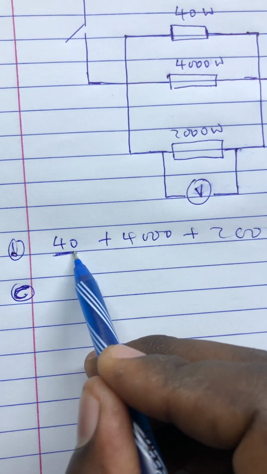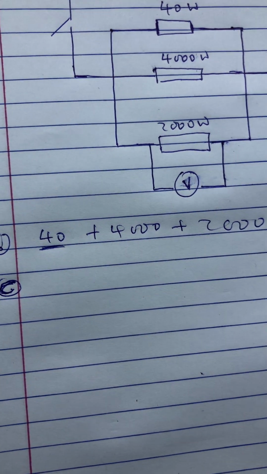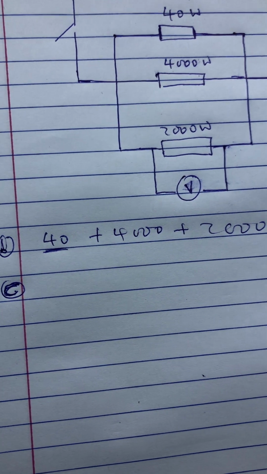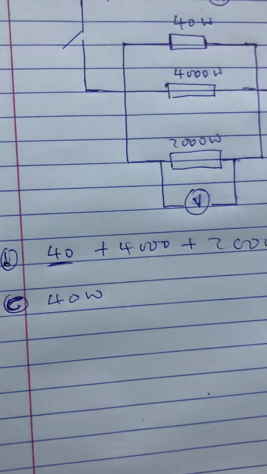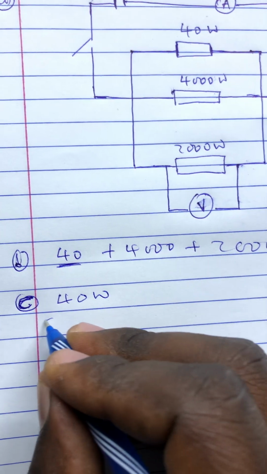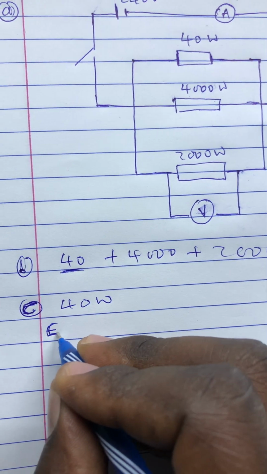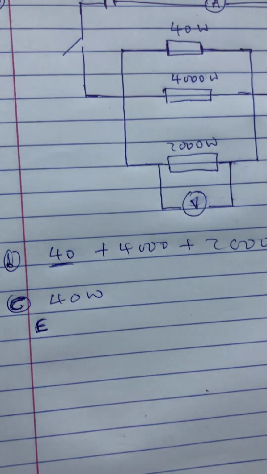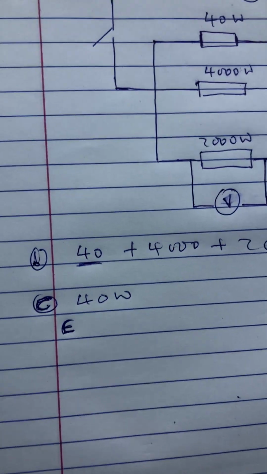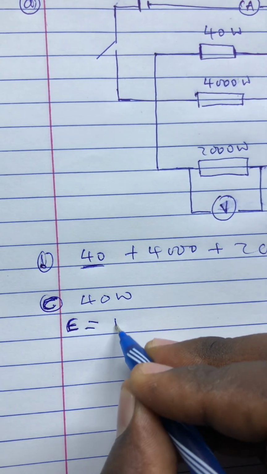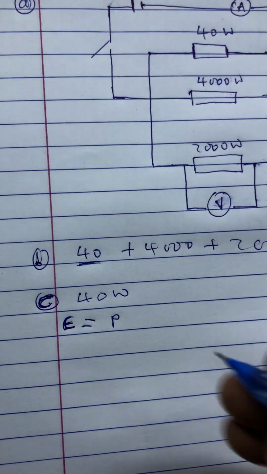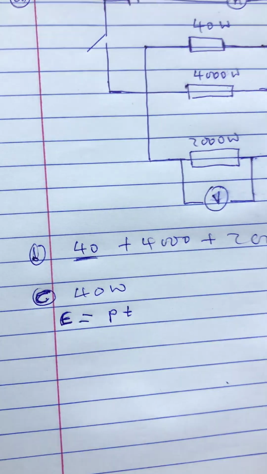This is the television set that was rated for 40 watt. So we're going to start with the television set. We're going to calculate the energy that this television set was consuming in a day. Energy is equal to power multiplied by the time.